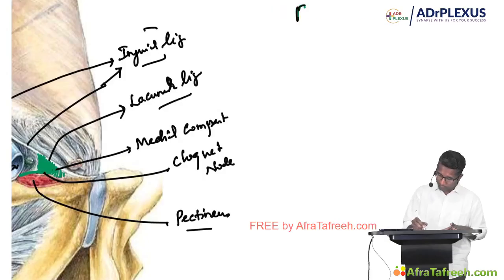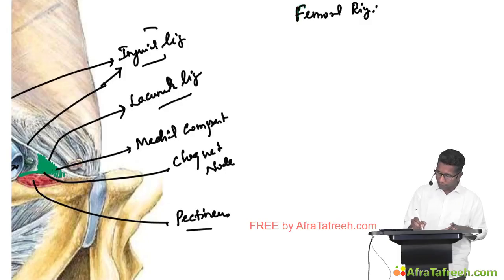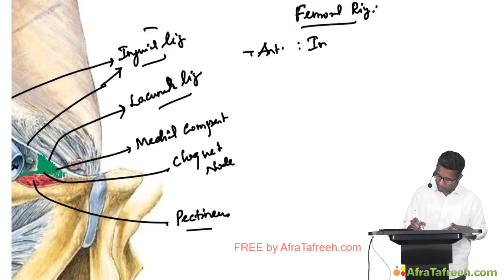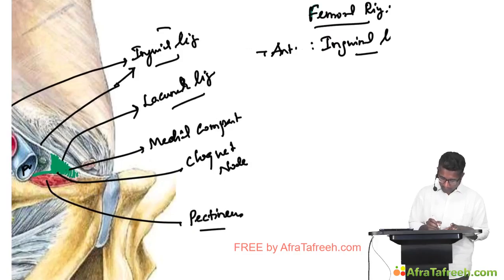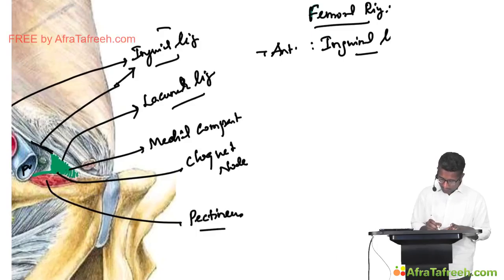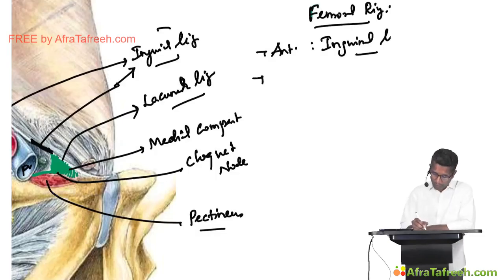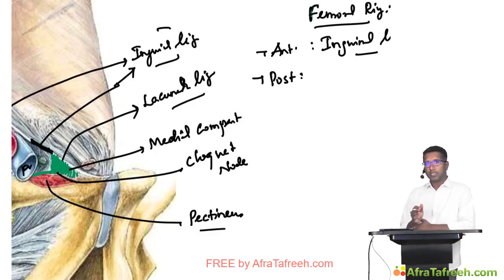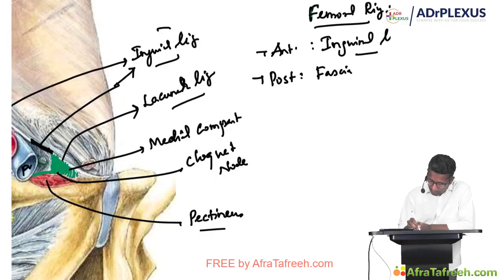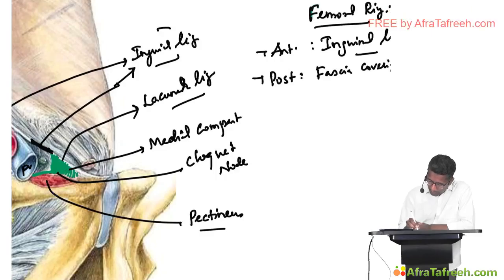The femoral ring is bounded anteriorly by the inguinal ligament. This ligament is the anterior boundary. Posteriorly you see a muscle called the pectineus, covered by a fascia, the fascia covering the pectineus muscle.